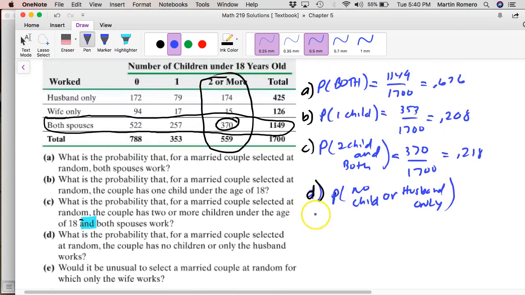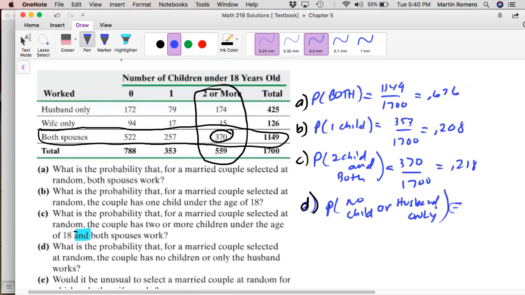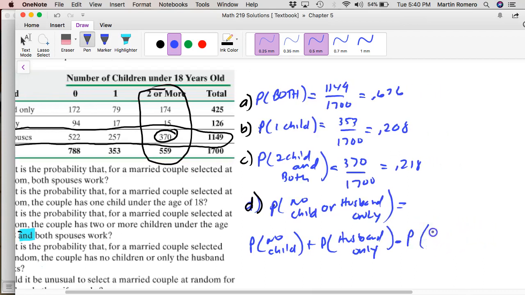If I was going to rewrite the whole formula, this is saying the probability of no child plus the probability of husband only minus the probability of no child and husband only. So that's the way the formula looks.